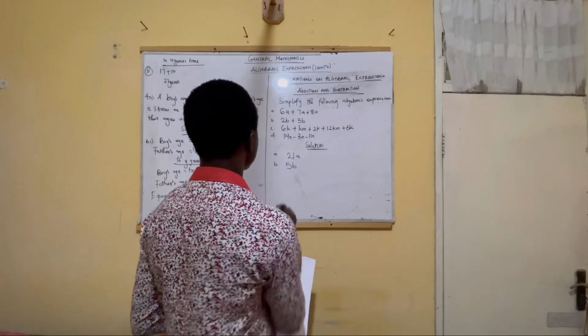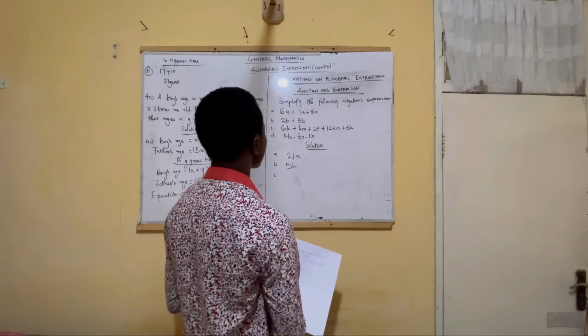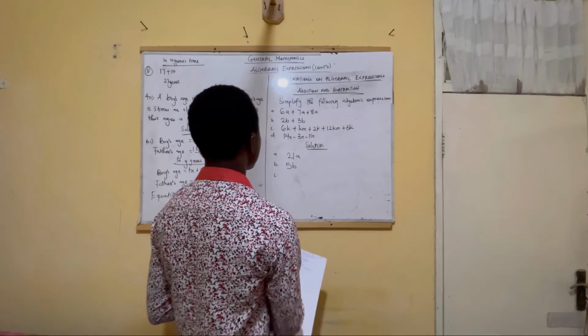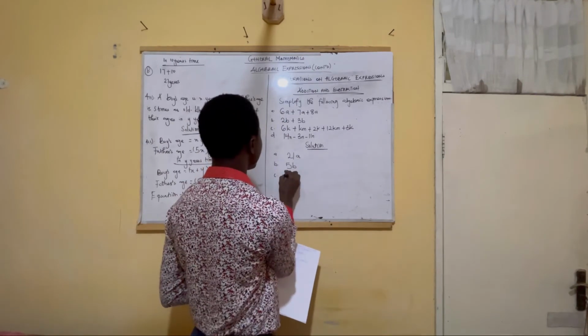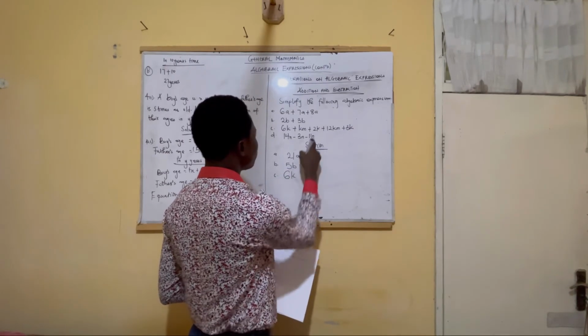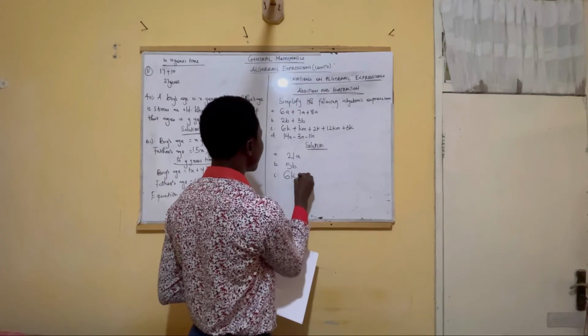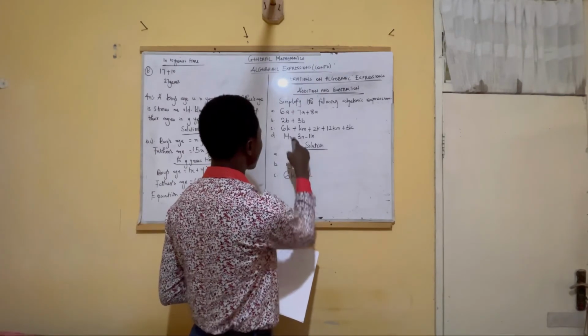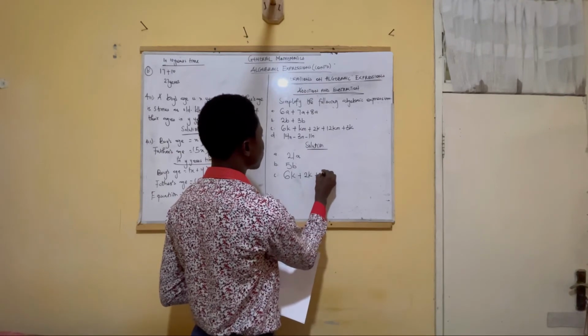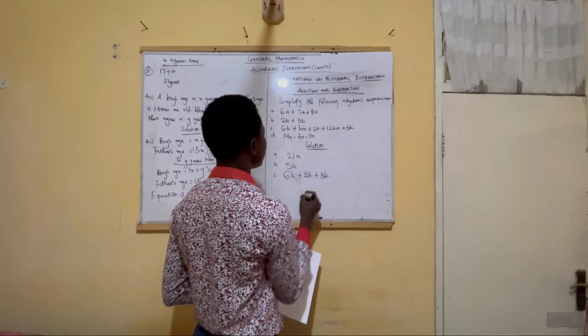All right, let's go to the C part of it. Over here, you group like terms. So you're going to have 6k, group it with any k, that's 2k, because of course the power is 1. Is there any other k? That's 3k.